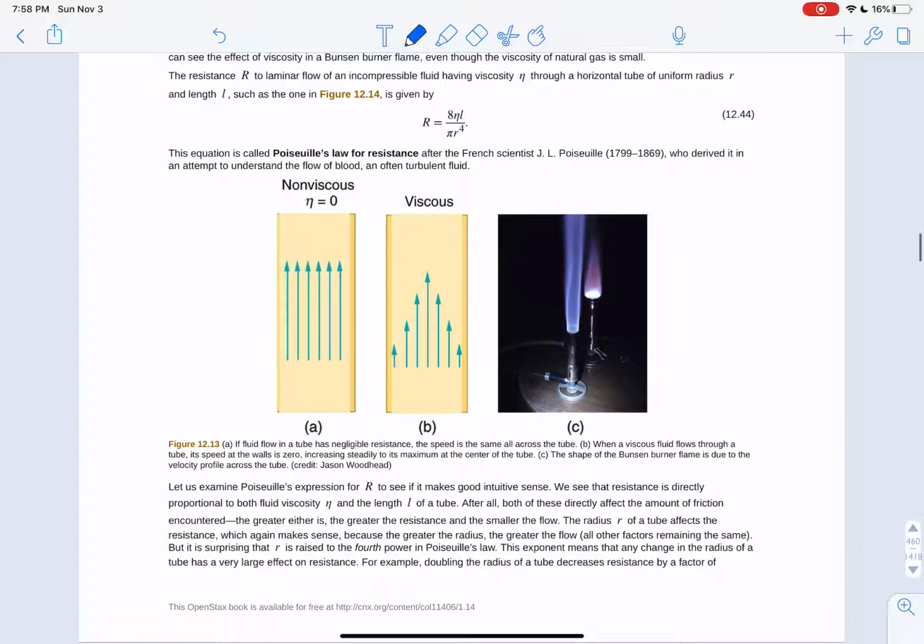So a non-viscous fluid is also what we've been considering, and the flow is these nice straight lines. A viscous fluid is going to stick to the container walls, and so it's going to move faster down the middle and slower on the ends.